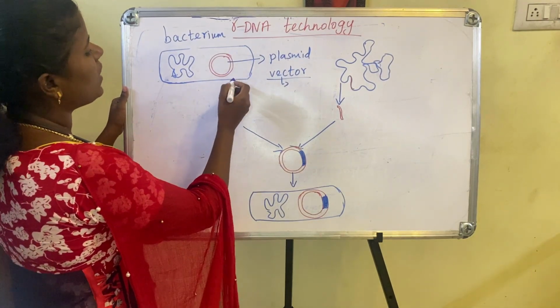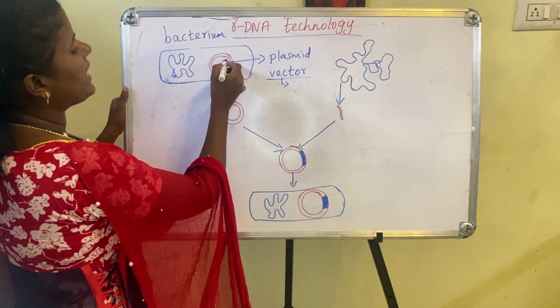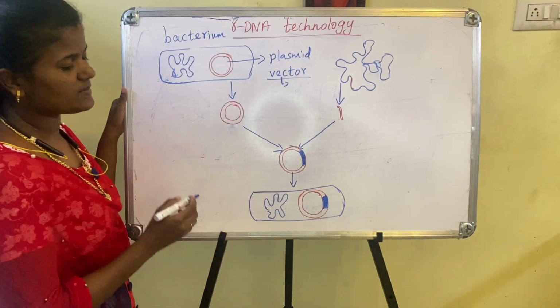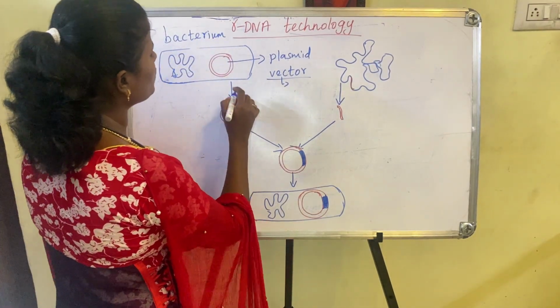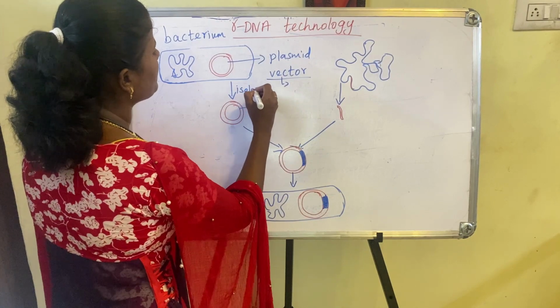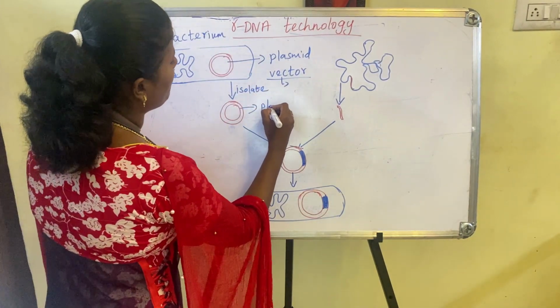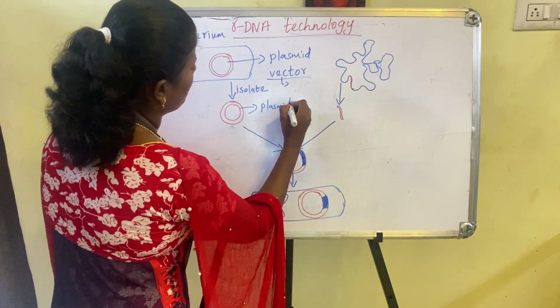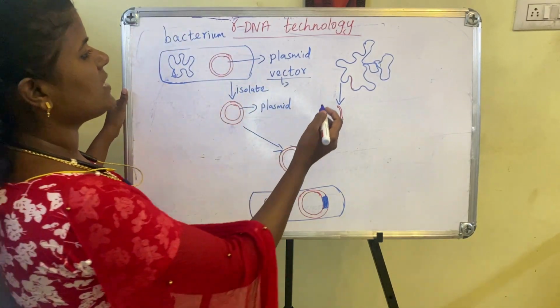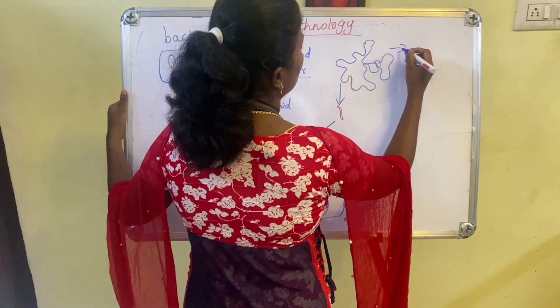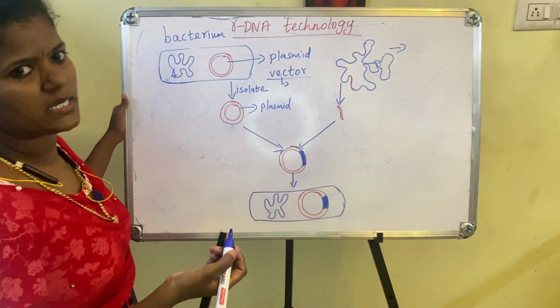We have to isolate the plasmid from the bacterium cell. See, this is the donor DNA.